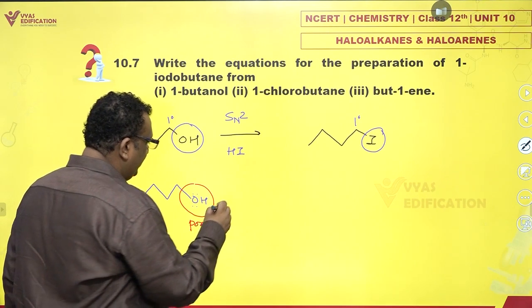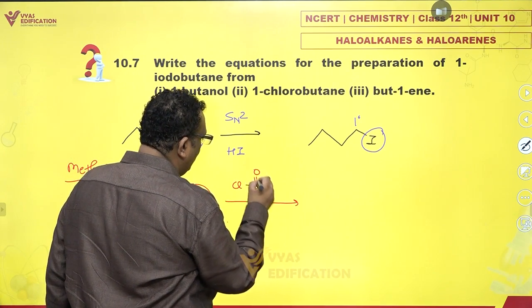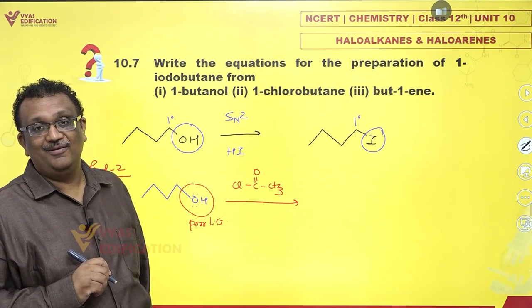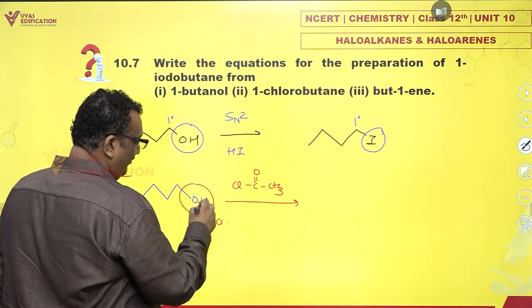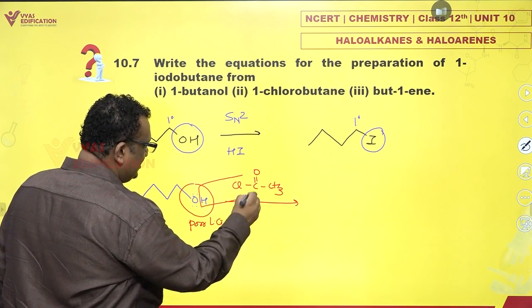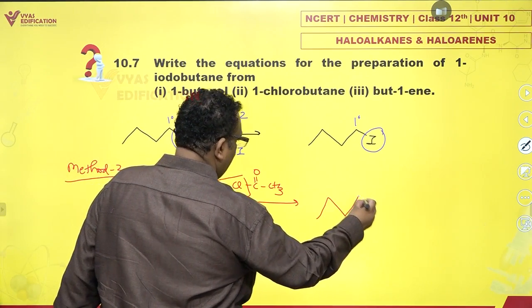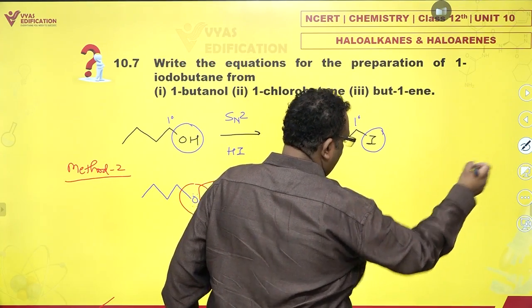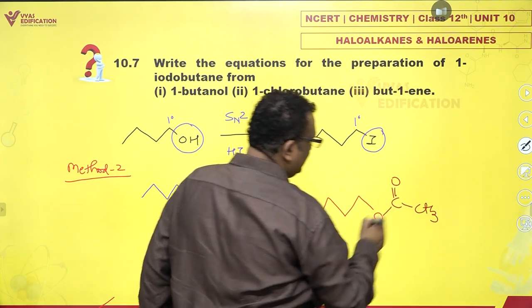And this would be, treat this with ClCOCH3. What is this? This is acetyl chloride. What happens? You would find that once they react, this HCl goes away and you would have O, and this O gets attached to COCH3 like this.